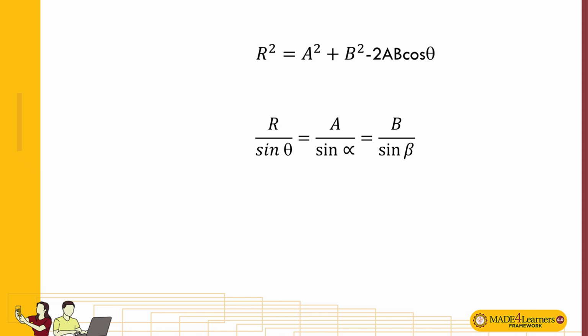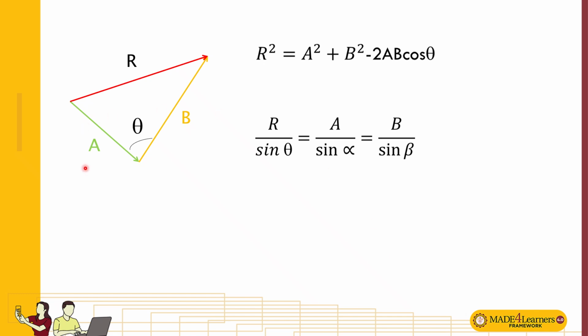This first one is the law of cosines, and the law of sines is the second equation. Supposing we have these two vector quantities, same as the previous slide. If we're going to get an angle opposite to the red arrow, we can label it as angle theta.